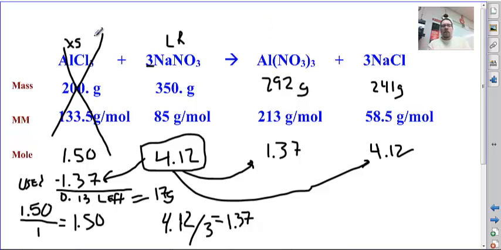Again, whenever I'm given the mass of both reactants, I convert them into moles, and then I see which one is smaller, making sure, if I have to, that I divide each by its coefficient to figure out which one's the limiting reactant, and use that only to do the rest of my stoichiometry calculations. All right? There you go.